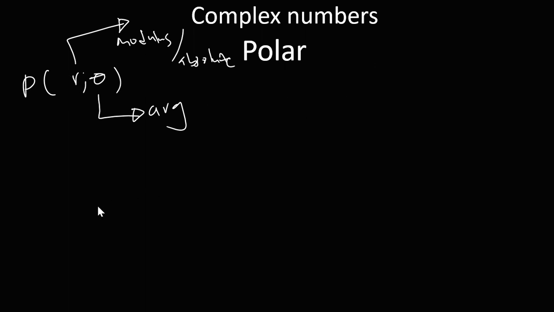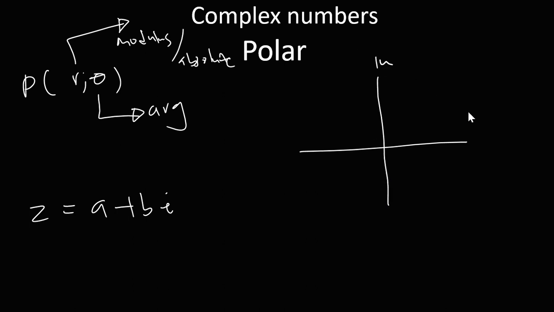Let's say you're given a complex number a plus bi that we've been working with, complex number z. On the plane you have your imaginary axis and your real axis. So you go a in the positive direction on the real part.